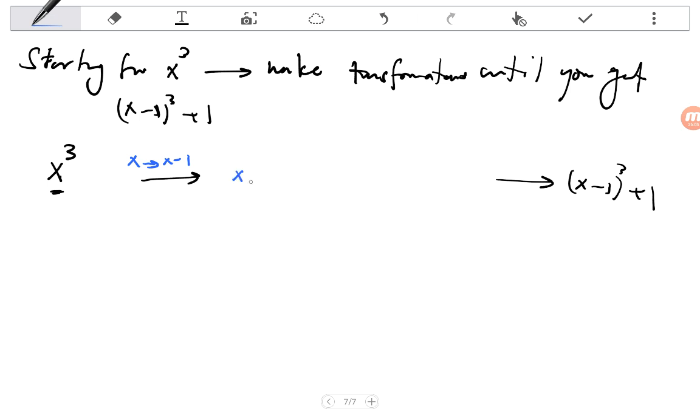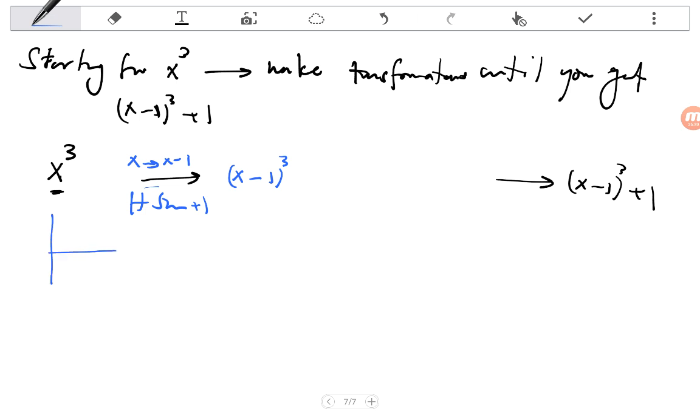That will make me closer to the expression that I want. It would be x minus 1 all cubed. What is the interpretation of this? It is called a horizontal shift. Negative 1 or plus 1? Plus 1. What is meant by plus 1? It is to the right. The positive is right and negative is left.